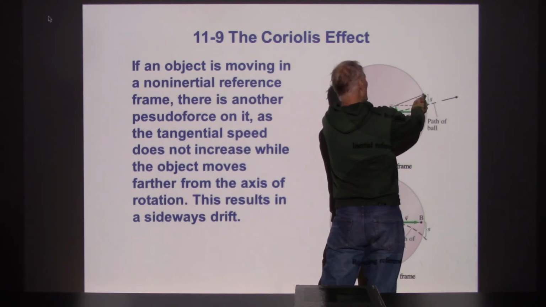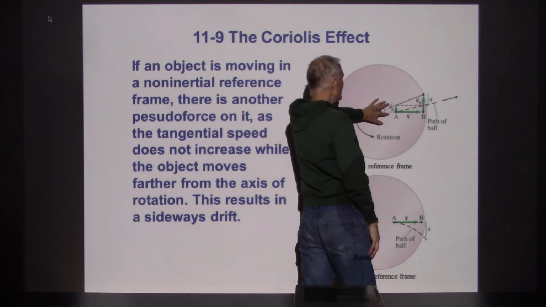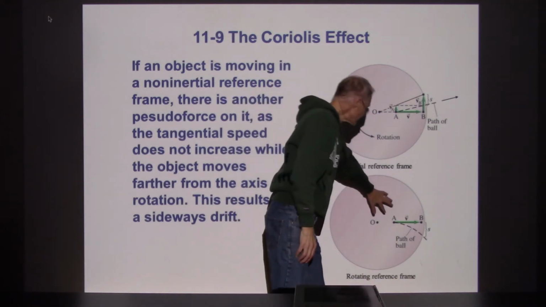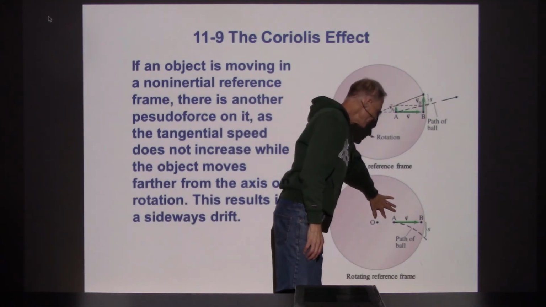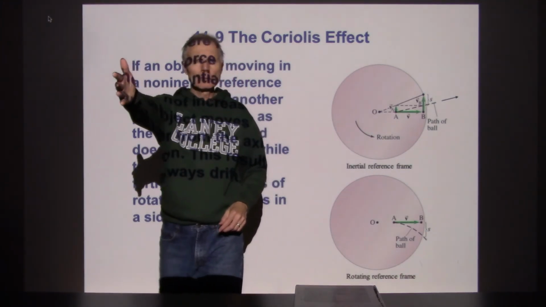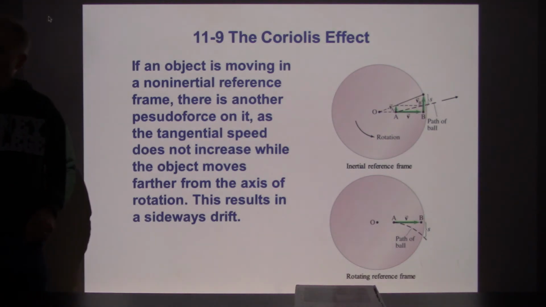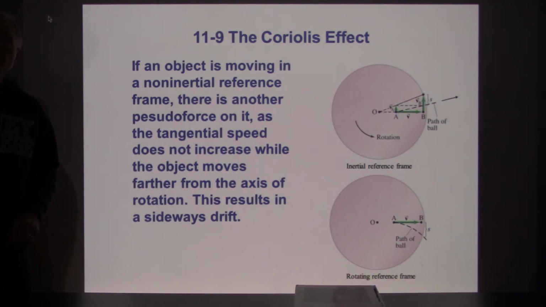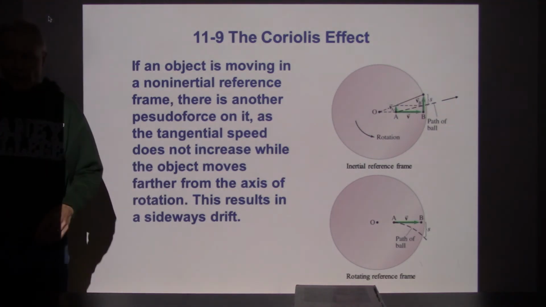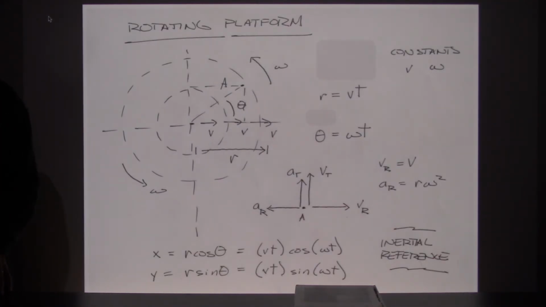They are going faster than the person at point A, and the ball misses them. So what this gets interpreted as within the platform itself is I threw the ball from point A to point B, but the ball curved away from point B. So this effect is called Coriolis, and what it tells us is this.